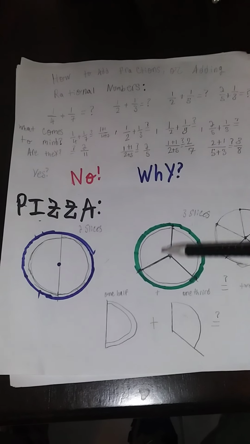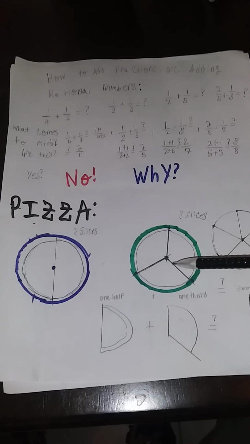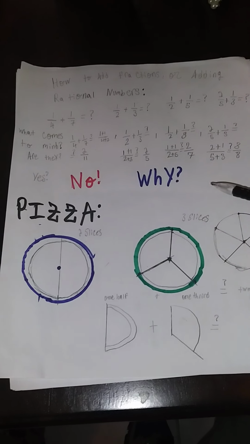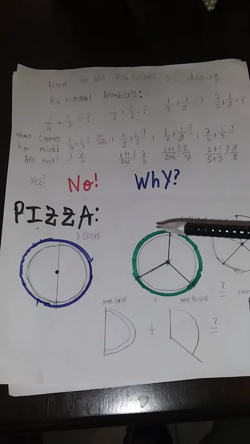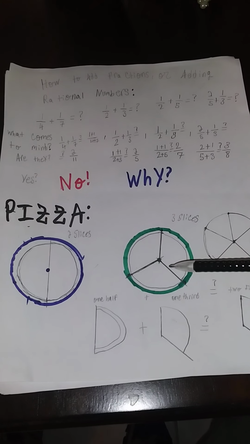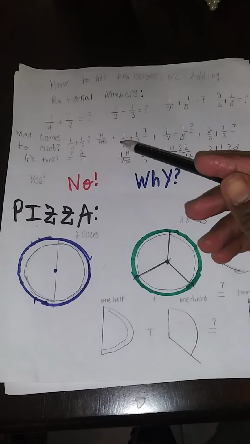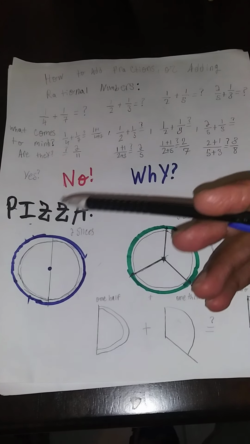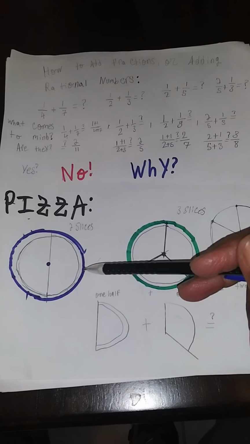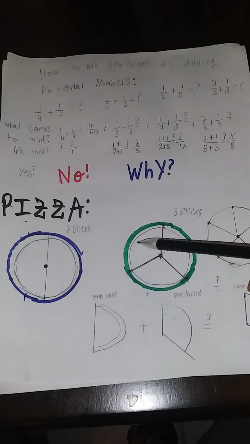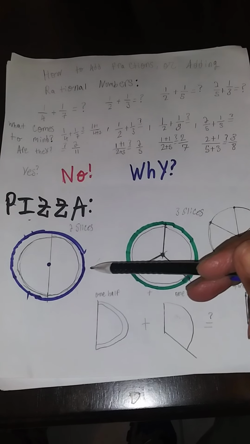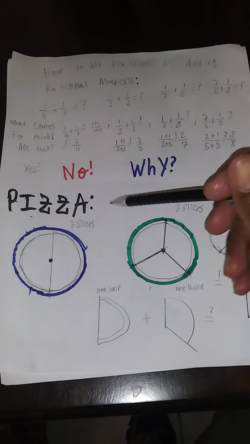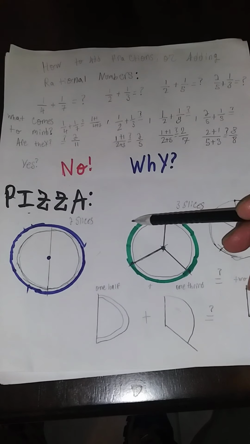Or you can slice your pizza into three equal pieces so that you can give 1 slice to 3 people. So adding fractions, you can associate it with adding pizzas. So how do you add pizza slices? You just stick them next to each other and see what they make.